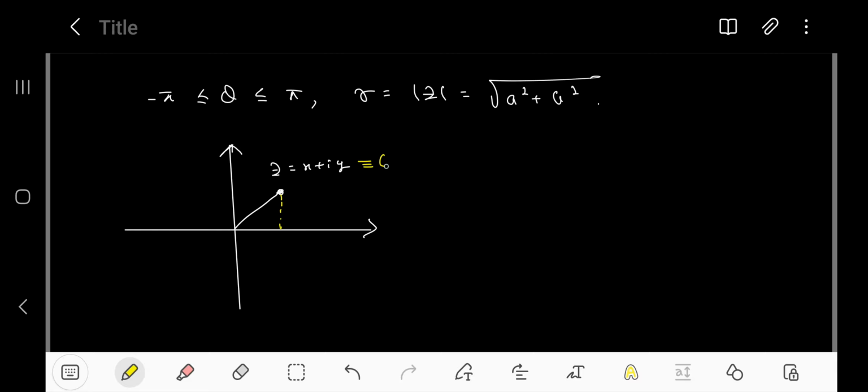If we consider this to be the x axis and this to be the y axis, let me just consider the point a, b. So this is a plus ib, so this is the point a and this is the point b. Then this becomes the angle theta, and this distance becomes the value r.